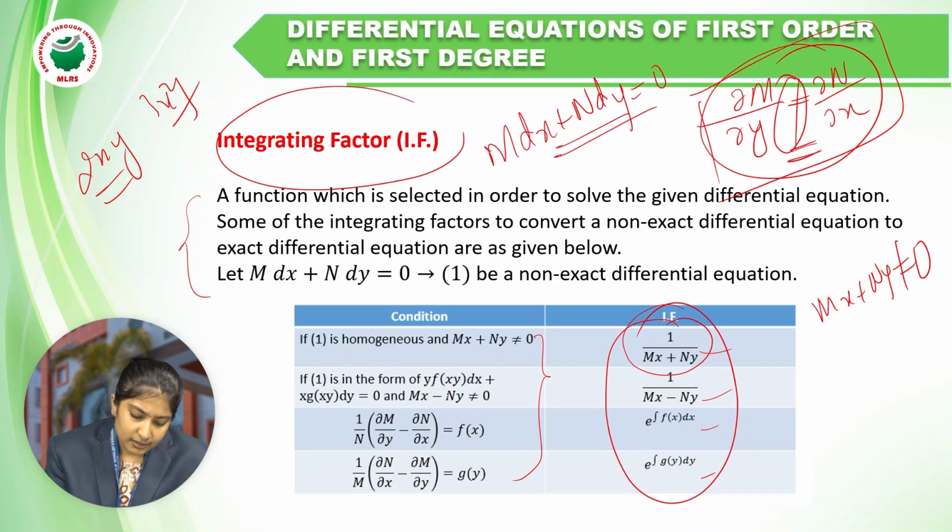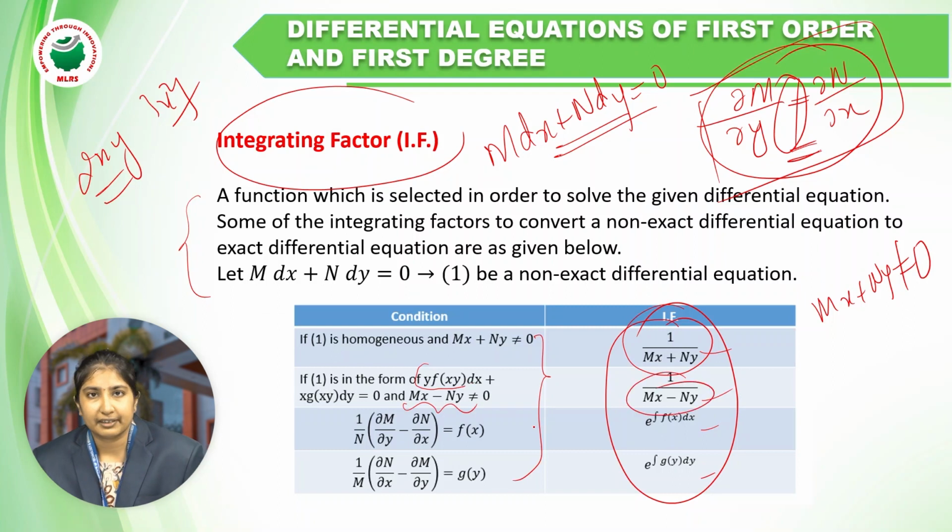If the equation is of the form y f(xy) dx plus x g(xy) dy equal to 0, and provided Mx minus Ny is not equal to 0, then 1 by (Mx minus Ny) is the integrating factor.